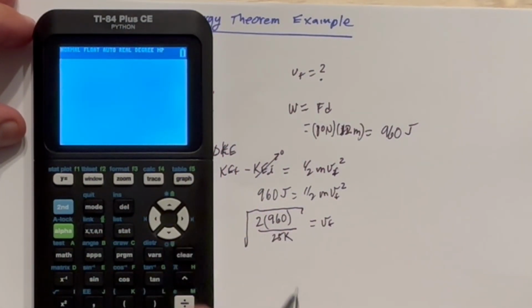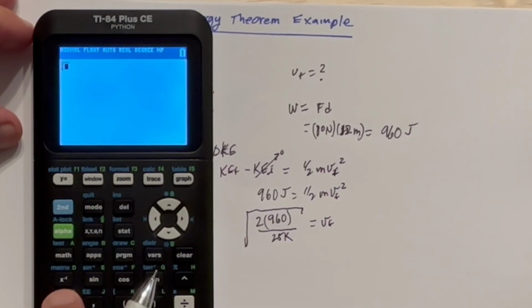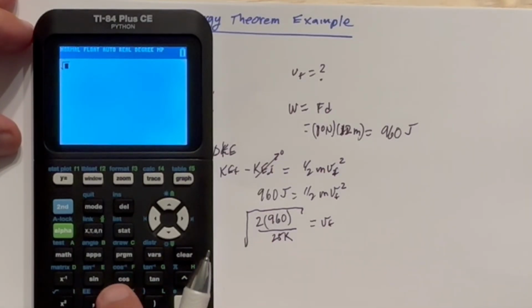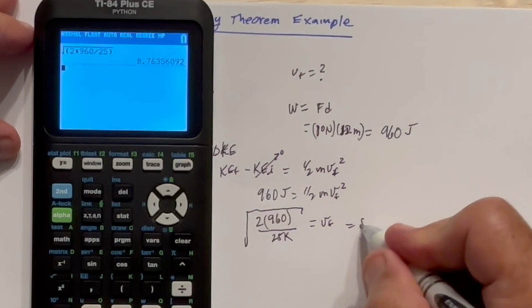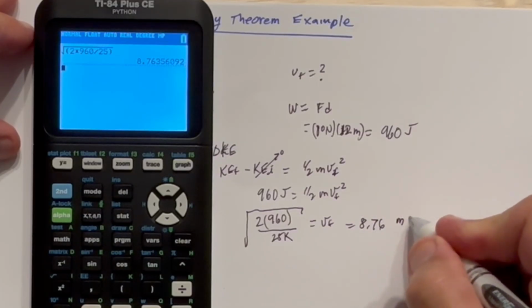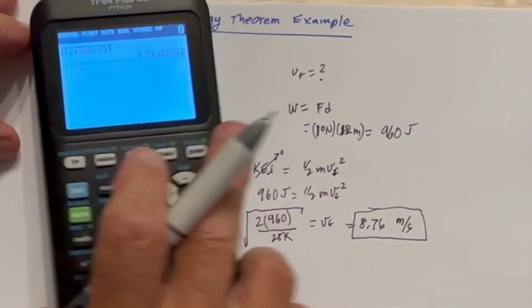Let's clear it, and let's just do the second, and then there's the square root function. I'll put some parentheses in here to make it a little easier to work with. So we've got 2 times 960 divided by 25, enter, and that's equal to 8.76 meters per second. So there's the final velocity of the box.